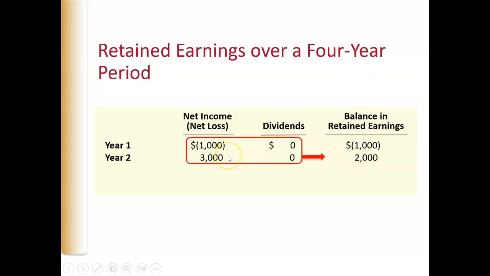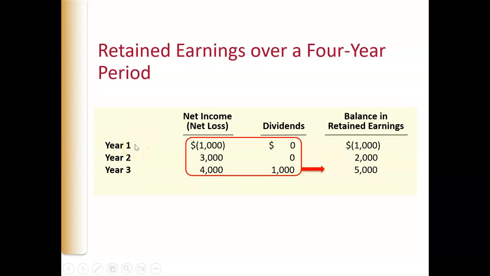In year two, though, we made a profit of $3,000. Don't you see that the debit of 1,000 plus the profit of 3,000, the credit of 3, nets out retained earnings of 2,000? Yes?